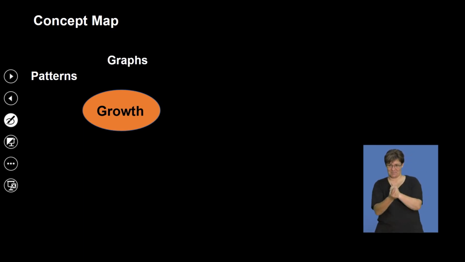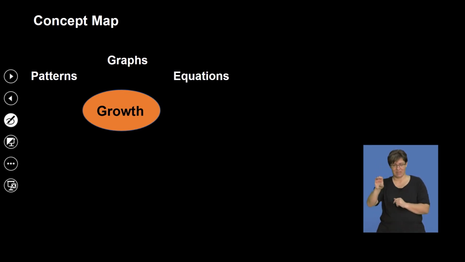And the pattern then led to us drawing some graphs to show the correlation of maybe number of years with the amount that you are saving or the amount that maybe you are investing. That's what we looked at. And then we looked at also the equations, which we called our models, to assist us in trying to predict what will happen in the future.